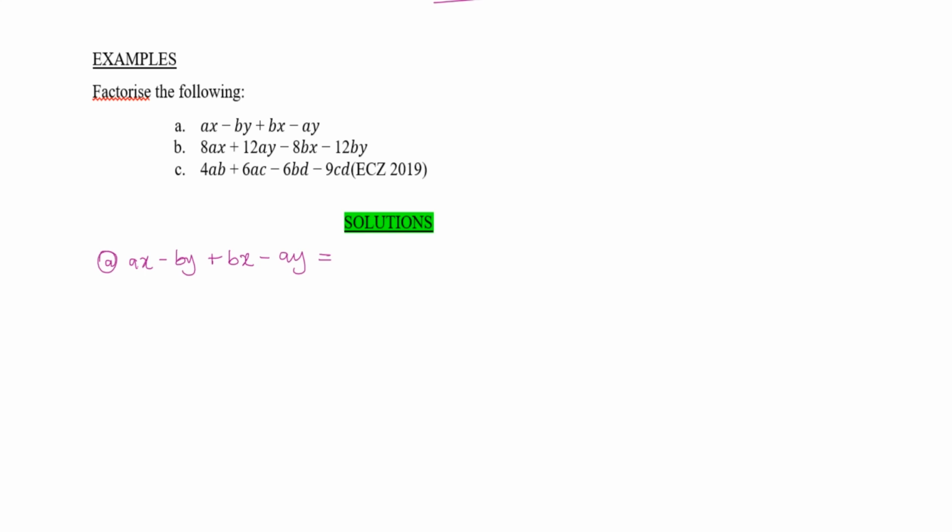We know that ax minus by, there is nothing that is common here, so we'll get ax, and the like term can be this one which has minus ay, so minus ay because of the fact that it has got a.